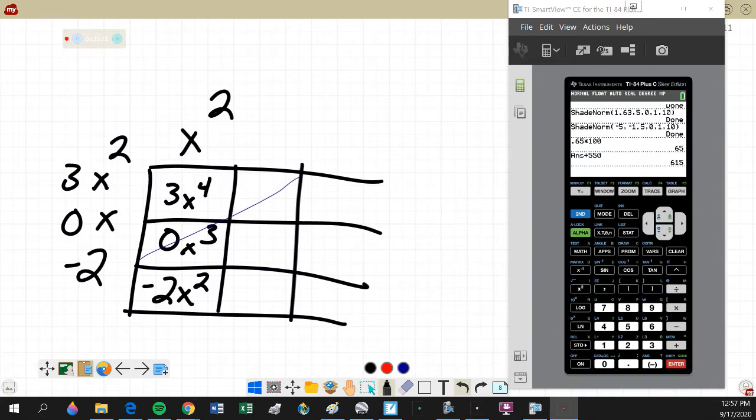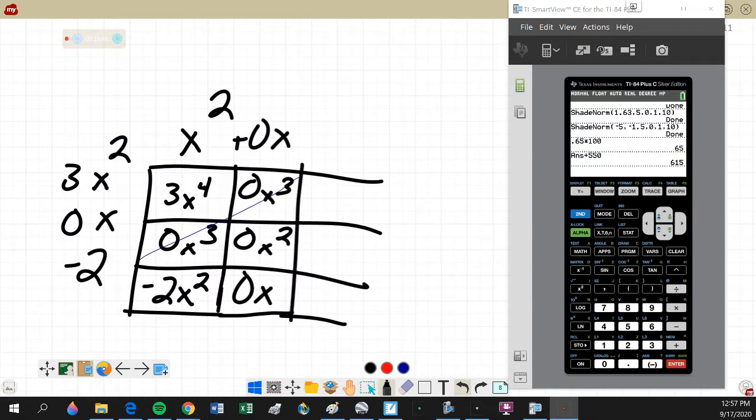The numerator is missing a place. So 0x to the 3rd, and then I pull out a 3x squared and I get 0x squared, and then negative 2x. Now, oh, that's a 0. Sorry. I don't know math.